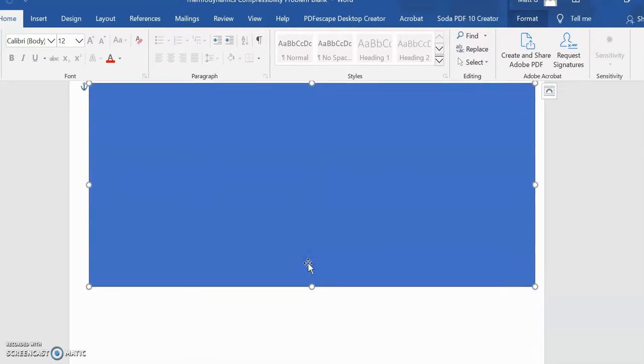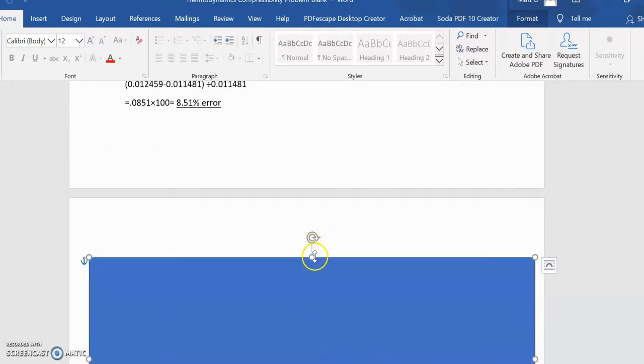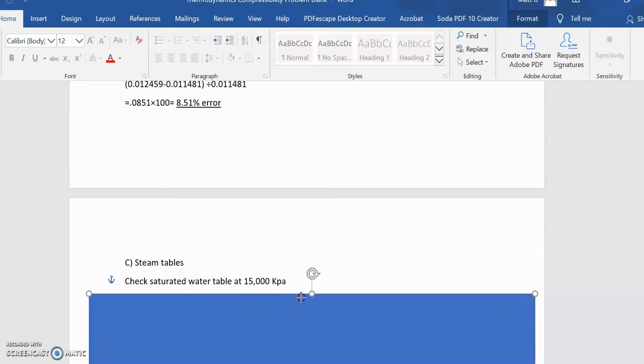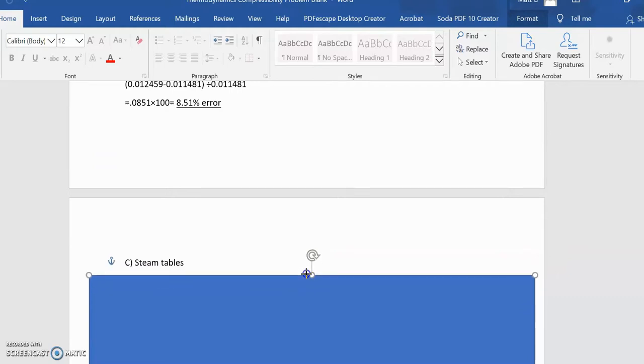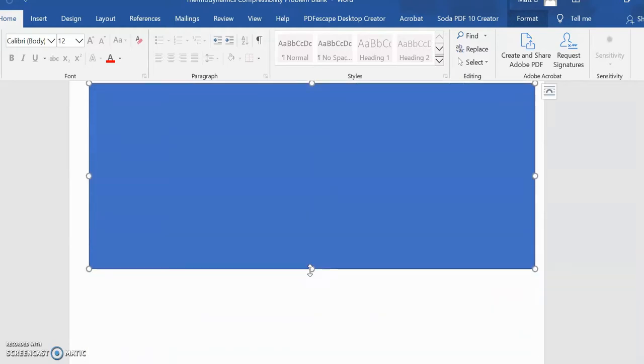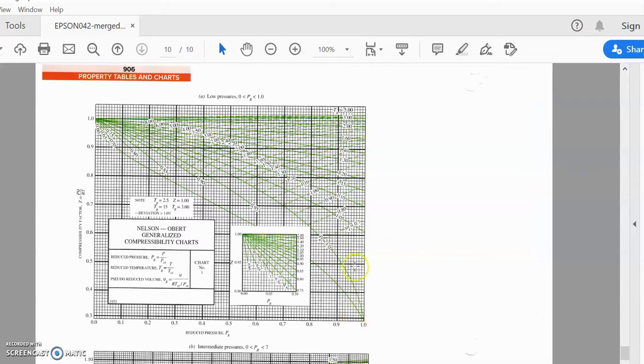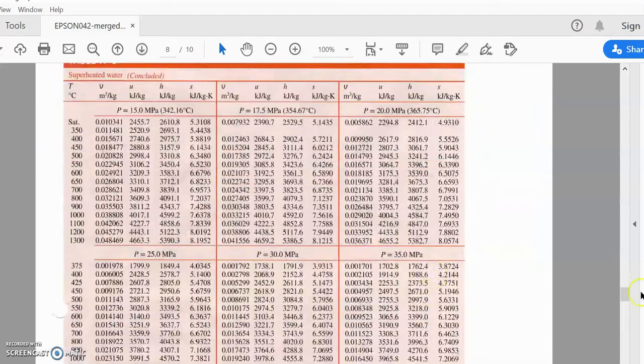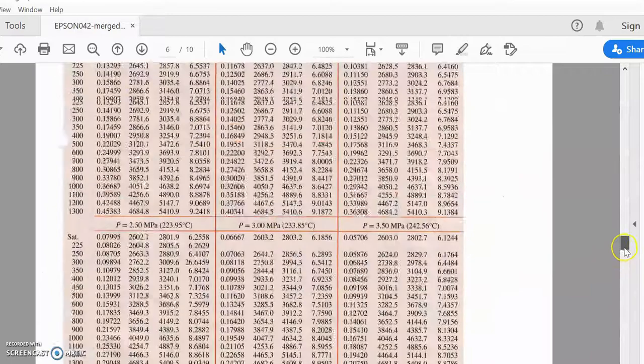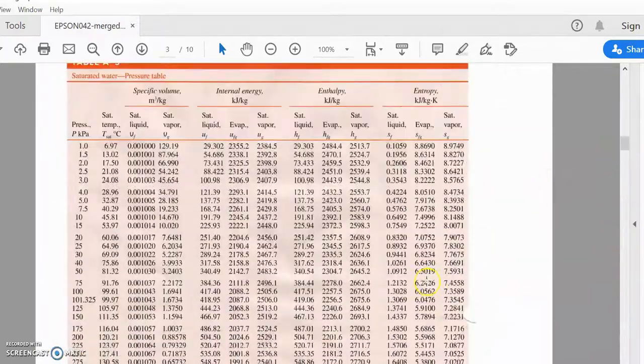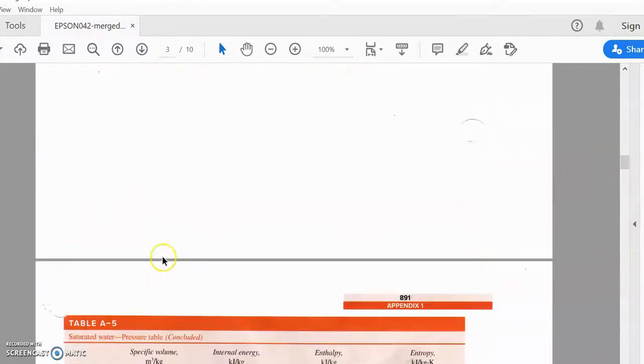Now onto the last part, using steam tables. So first thing we're going to want to do here is check the saturated water table at 15,000. So we go up here.